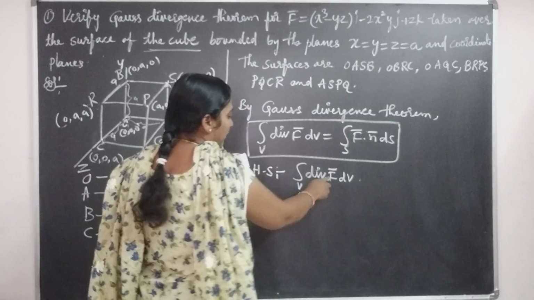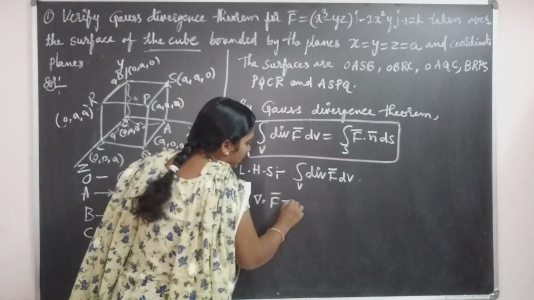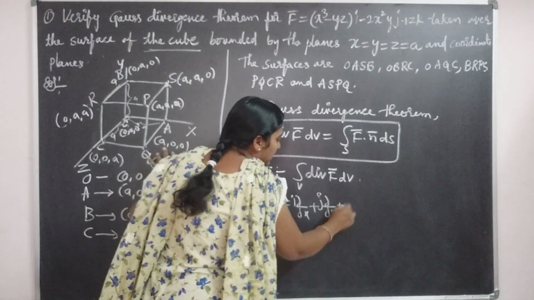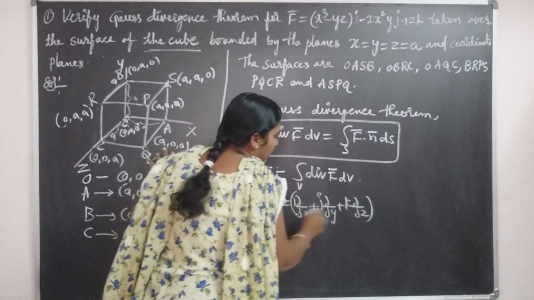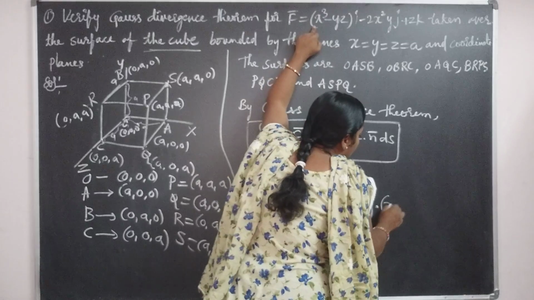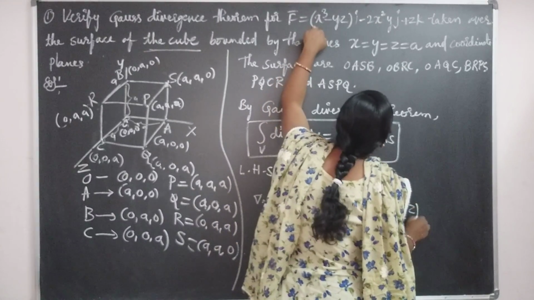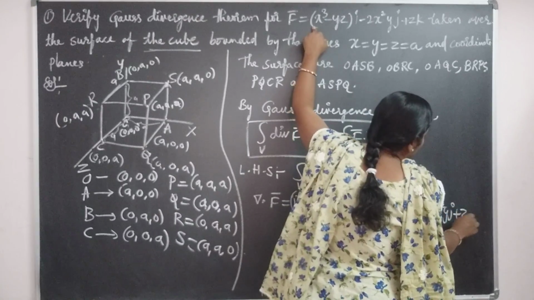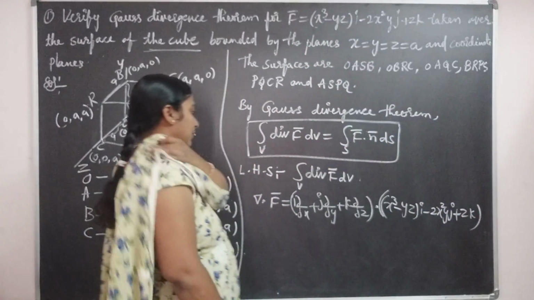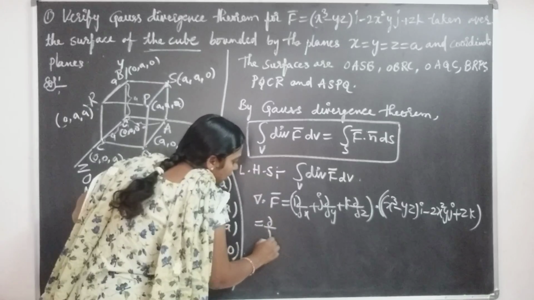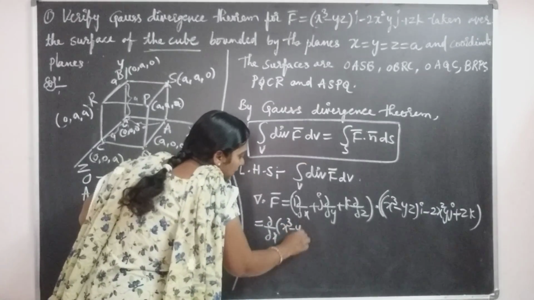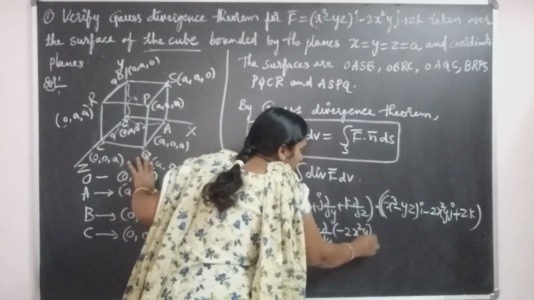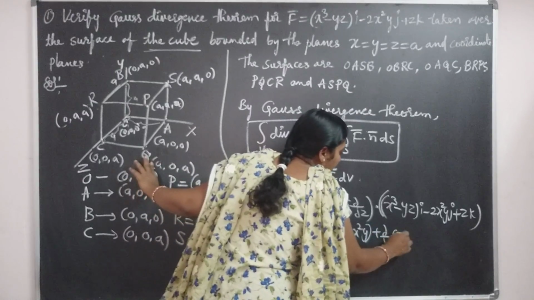In this case, div f bar is equal to del dot f bar, that is i dou by dou x plus j dou by dou y plus k dou by dou z, dot f bar, which is x cube minus yz into i, minus 2x square y j, plus z k. The dot product is dou by dou x of (x cube minus yz) plus dou by dou y of (minus 2x square y) plus dou by dou z of z.